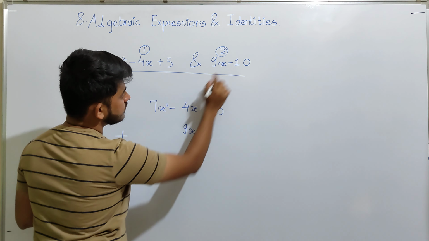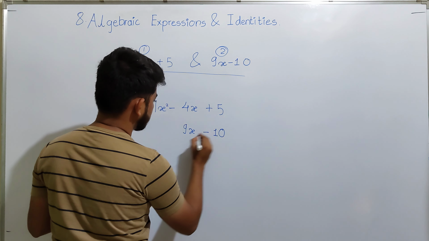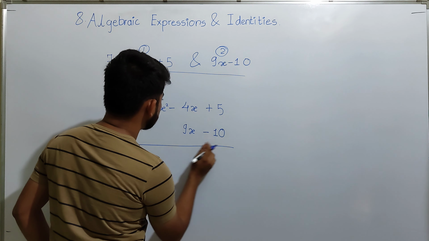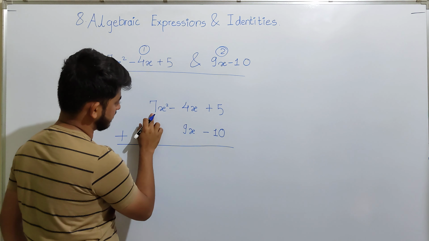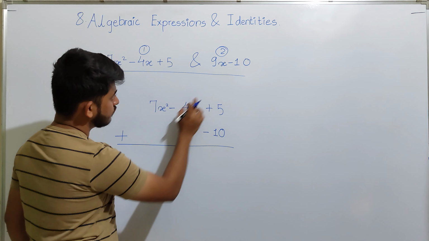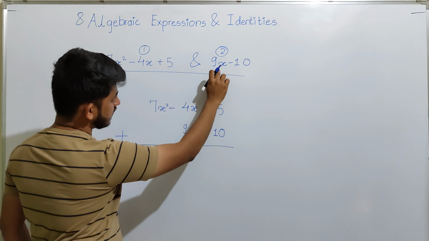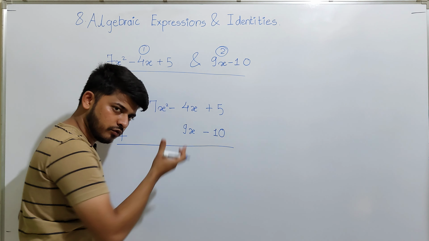Now see here, minus 10. Below their respective variables: 7 has got 7x square, 4 got x. We don't have any x square variable in this, so we have written in this form.